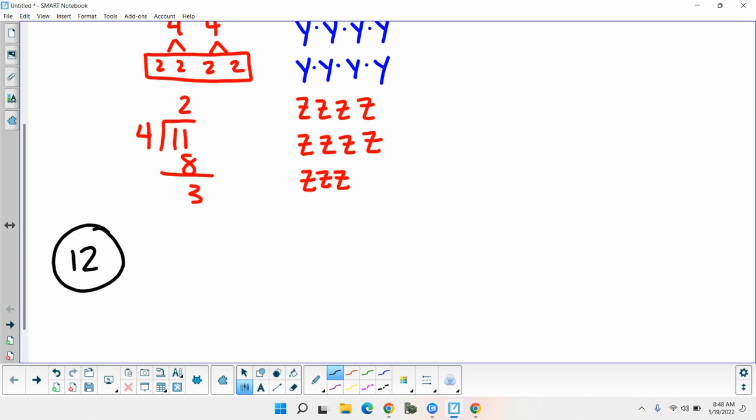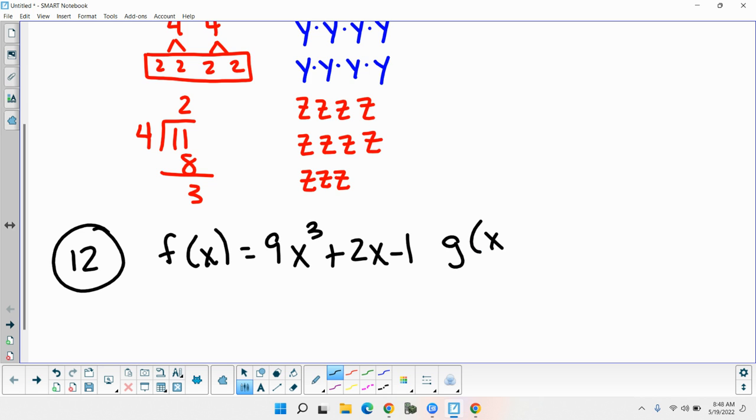We have f of x is 9x cubed plus 2x minus 1, and g of x is negative x cubed minus x squared plus 5x minus 8.